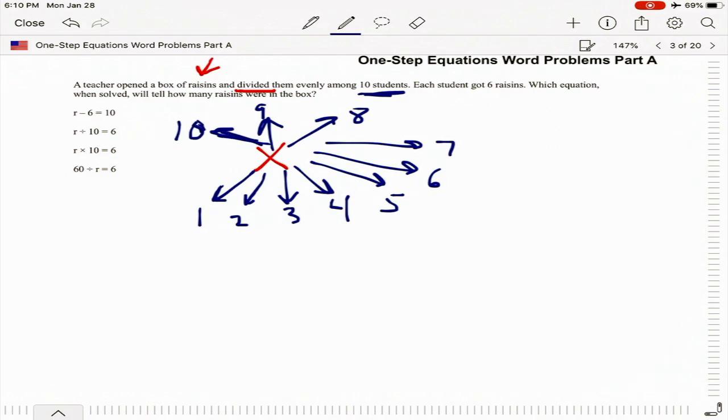And this is a little visual to help you out. So we're going to evenly split out whatever the x is amongst 10 people. Well, when you split something out evenly, that's dividing. And plus, like I said before, it literally does tell you that it's dividing. So it should be x.